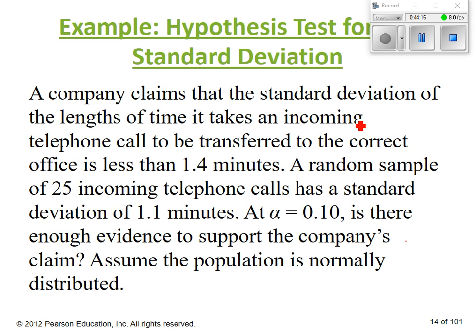That's the claim. What's our H0 then? Sigma is greater than or equal to 1.4. Figure out your alpha. What's your alpha? 0.10. What's our degrees of freedom? 24.